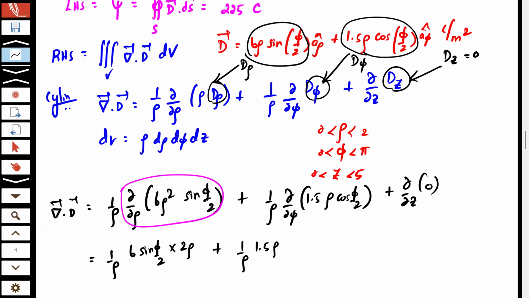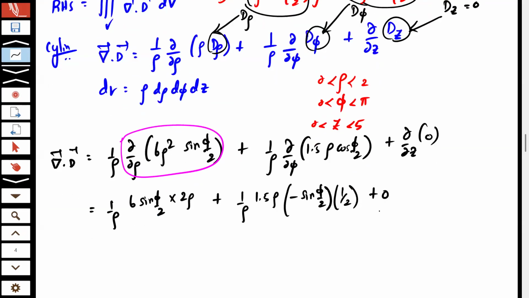You have to differentiate cos(phi/2) with respect to phi. So differentiation of cos is minus sin(phi/2), and this function phi/2 should be differentiated with respect to phi and written in the multiplication. So you should get 1 by 2 over here in the multiplication, and the last term is 0.